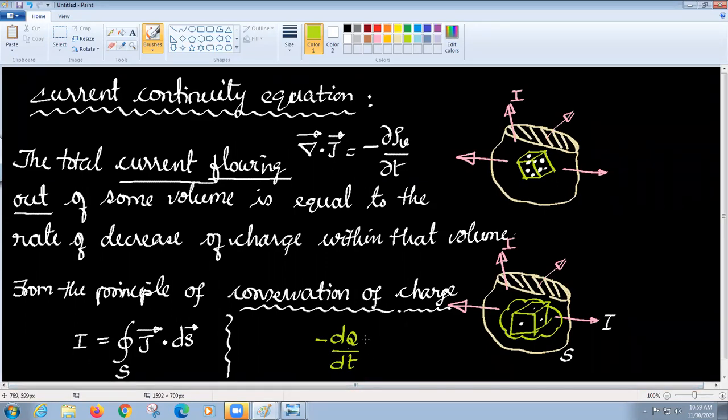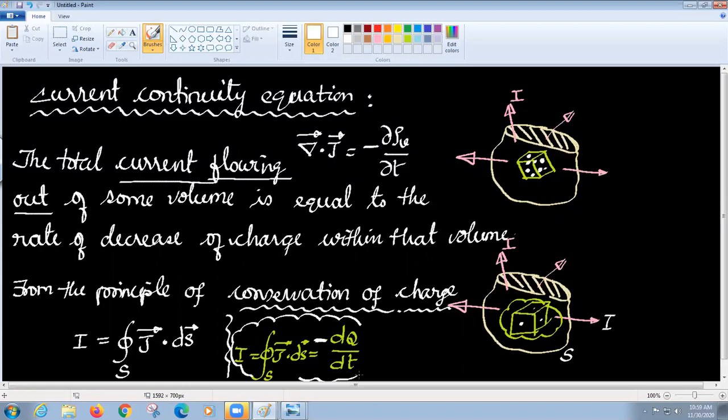The principle of conservation of charge requires this: the rate of decrease of charge leads to current flow out. So I is equal to the closed surface integral of J dot ds, which equals minus dq by dt. Here capital Q is positive charge, not negative charge. Otherwise you could say negative charge is increasing and positive charge is decreasing.